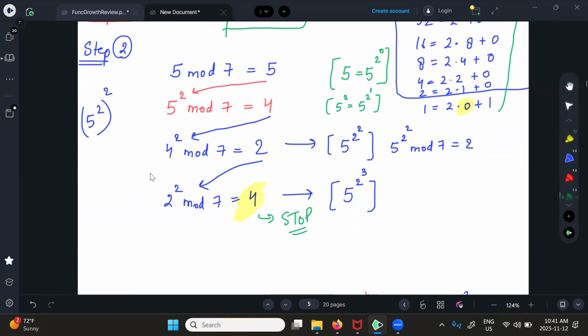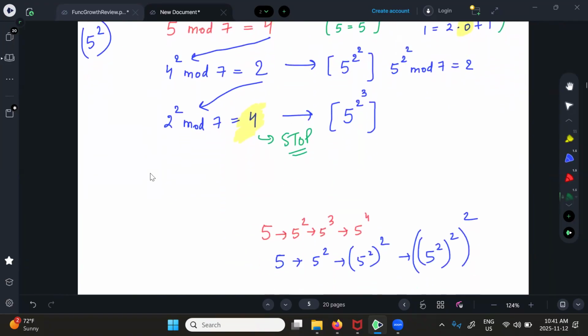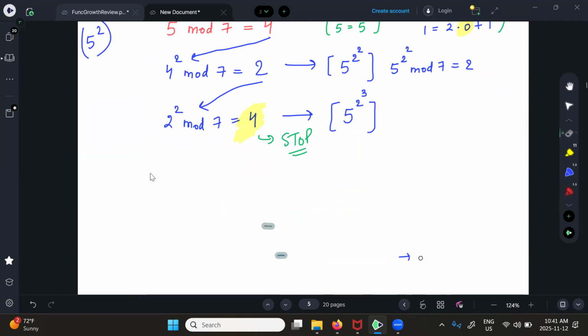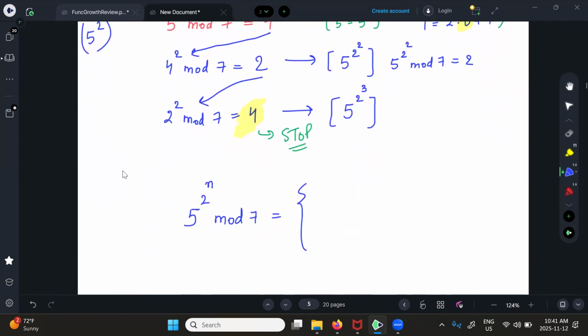Alrighty. So now the next thing is I write down the patterns that we observed. If I have 5, 2 to the power n mod 7, you know what will happen? I only got 5 and 4, right?